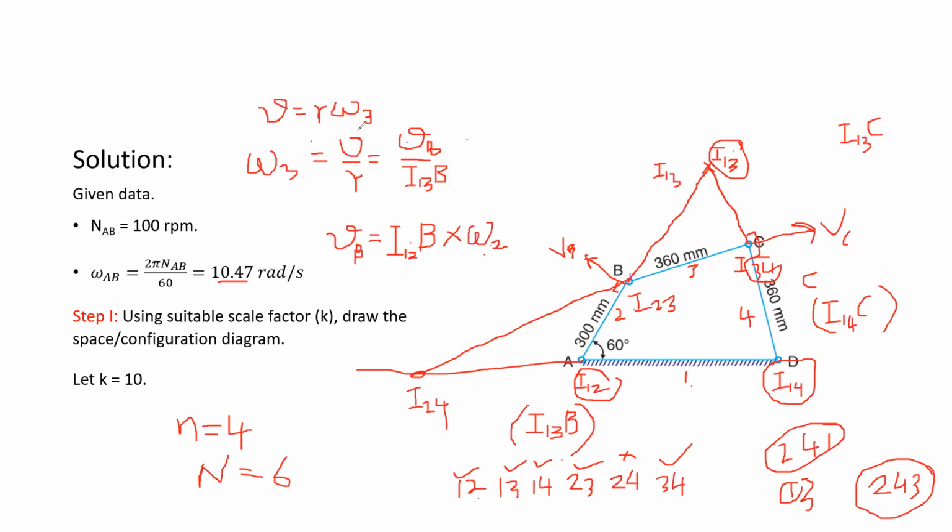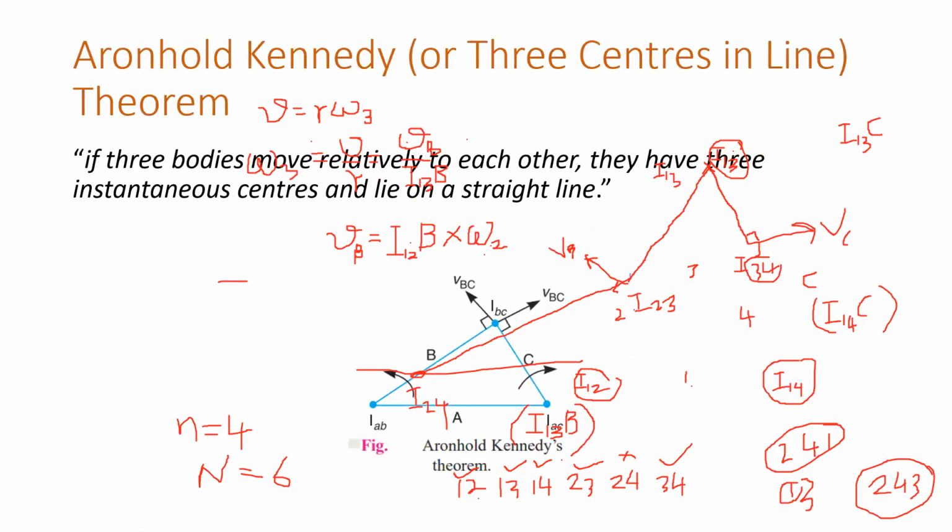I will show you what that theorem is. See, this is that theorem. If three bodies move relatively to each other, they have three ICRs and they lie on a straight line.